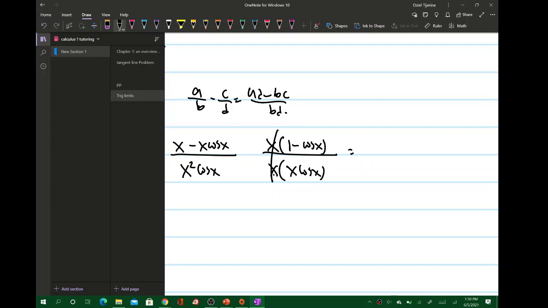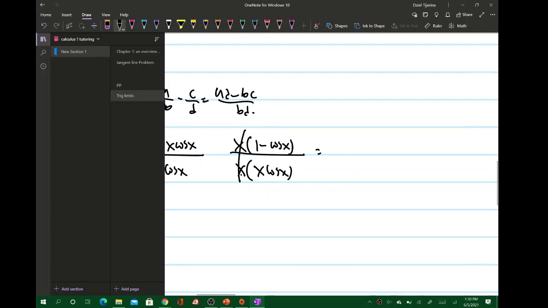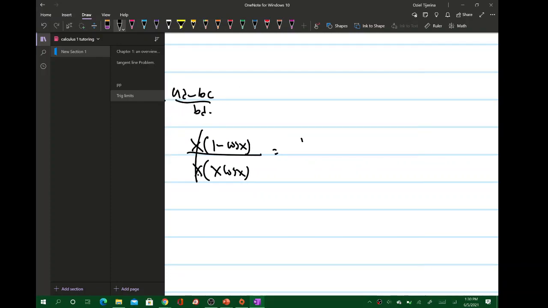So it's going to be 1 over x cosine x minus cosine x over x cosine x.